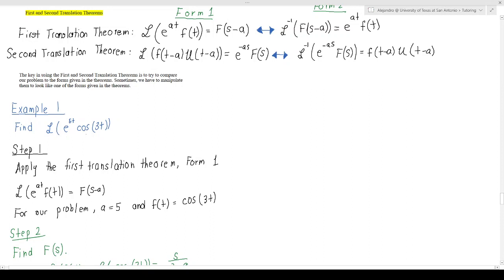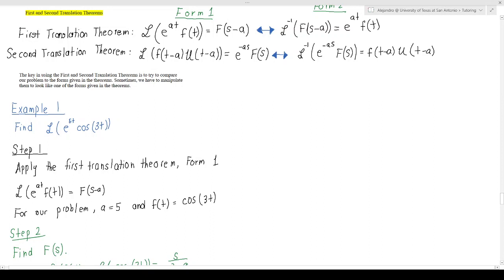We know this wouldn't be something we could do partial fraction expansion on, because there are no fractions here. We're going to want to look at using one of the translation theorems, whether it's the first or the second. You always want to have these handy because you can always compare your problem to these and see which form you can use.